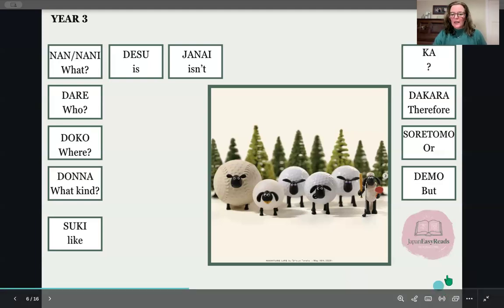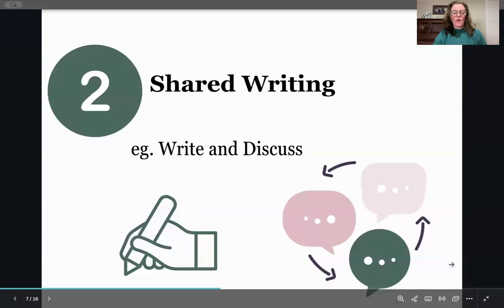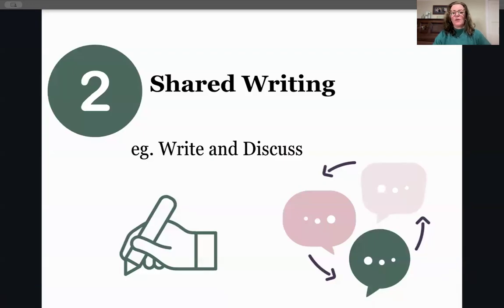So I'm going to move on to step 2 which is the shared writing. Once I've had lots and lots of oral input, we do what is called a write and discuss. A write and discuss is a co-written piece of text that you co-create with the students. So it's known language. It's language that has already been discussed in the first stage, in that oral input stage.